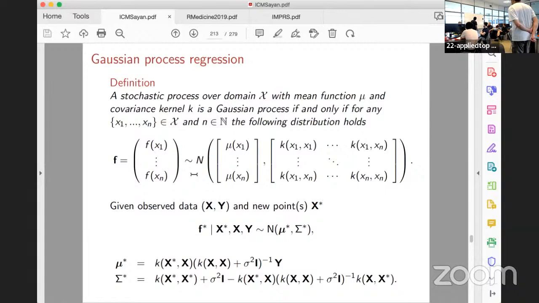And what's really nice about this is you're defining something on an infinite dimensional space by its finite dimensional projections. Right? I never told you what the process is over the entire interval 0, 1. I just told you that for any finite dimensional projection onto a set of points, it's multivariate normal.